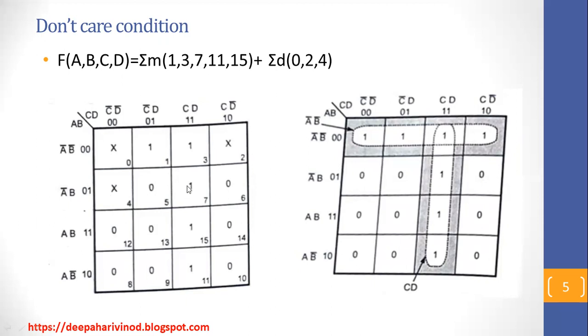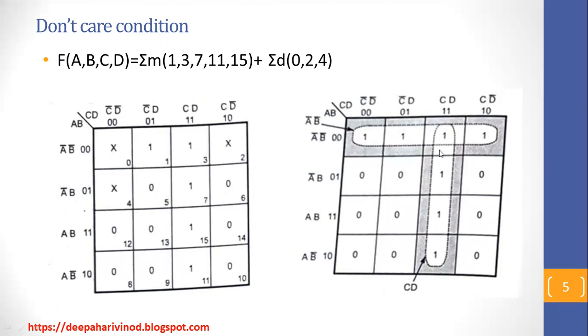Now check how we can group. First you have to go for 16 ones, then 8 ones. 8 ones is not there anywhere. Now next is 4 ones. Yes, there are 4 ones, isn't it? I can consider this as 1 and make a group over here, and in the same way 4 ones are here also in this column, so I can group like this.